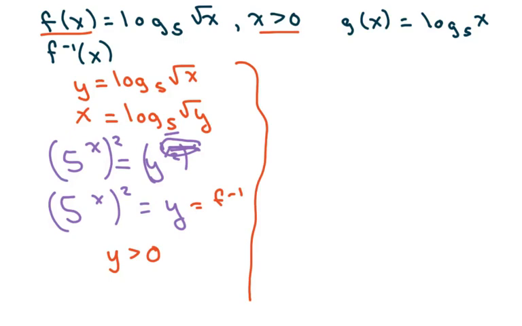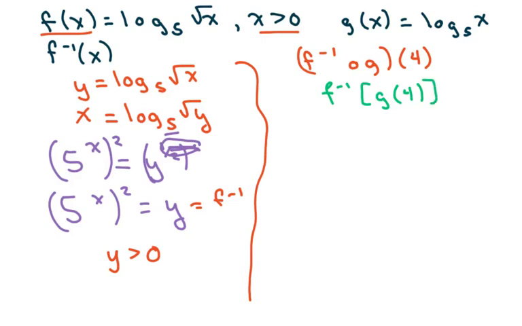Now, the last step we have to do is composition. And what we want to compose is f inverse with g of 4, which is the same as f inverse composed with g of 4. So the first thing I'm going to do is plug in 4 into my g. So that's just going to be log base 5 of 4.